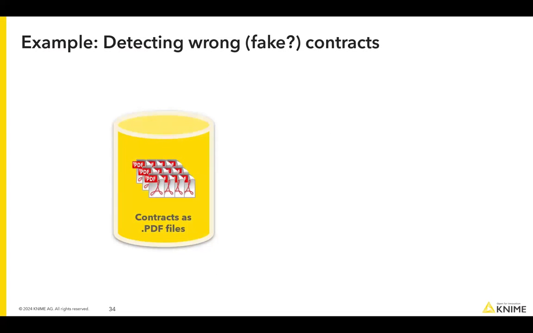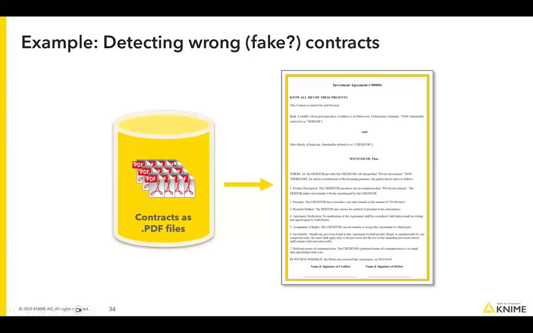So in our examples, we will detect the fake or wrong contracts. And we will have the contracts as PDF files saved. They will look like this. And we will try to find the outliers. So the contracts that are significantly different from other contracts, from the majority of the contracts. In the contract, we have three values that we'll parse from this textual data. This is the ID of the contract, the value of the contract, and the date of the contract.